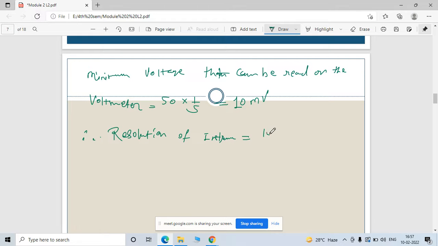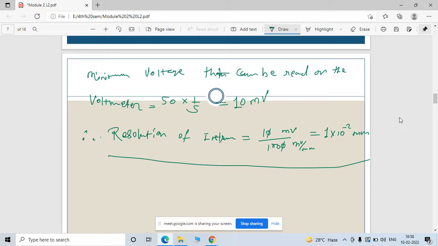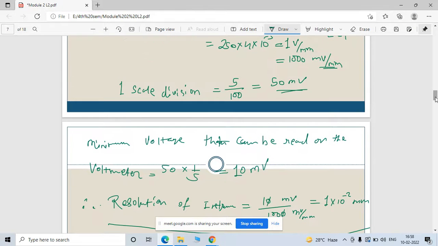So 10 divided by, the sensitivity here is 1000. This unit is millivolt and this sensitivity unit is millivolt per mm. Okay, so when you solve this, you get 1 into 10 to the power of minus 2 mm. Okay, check the calculation, I think this will be correct, but the steps are this only. Okay.